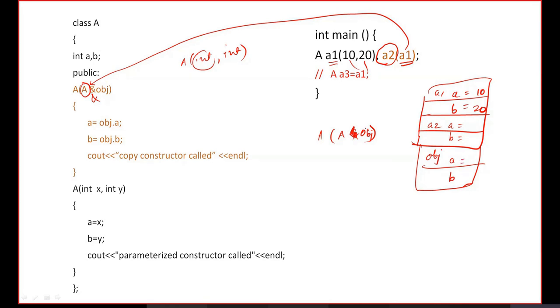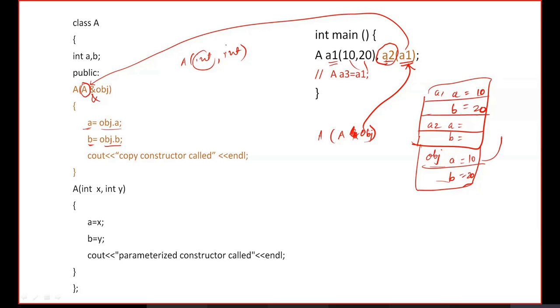And the values are coming from this A, since we are accepting it, we are passing it by value. So obj's A and B would be same as A1's A and B, that is 10 and 20. Over here, when I say obj.A and obj.B, that means they are obj's A and B, with which I am initializing A2's A and B, right?